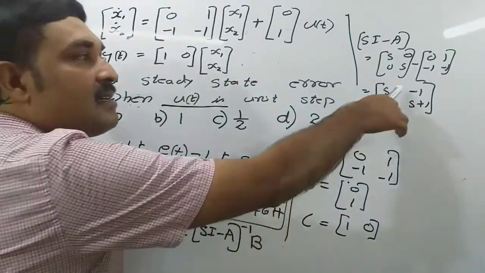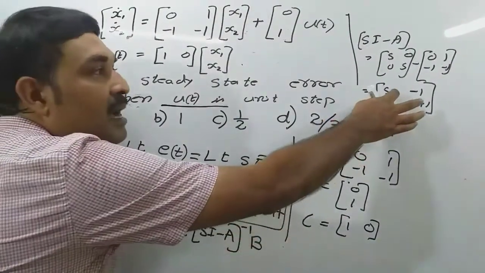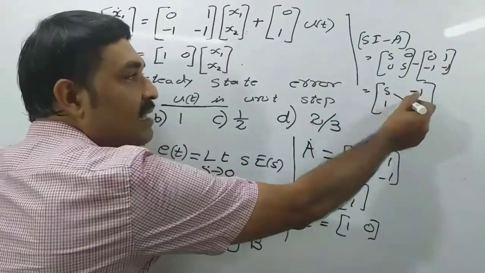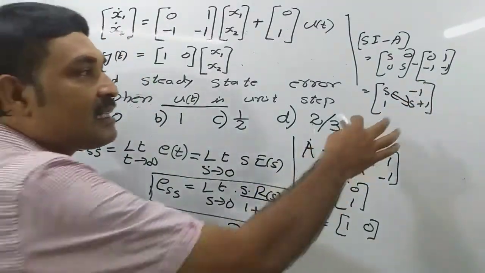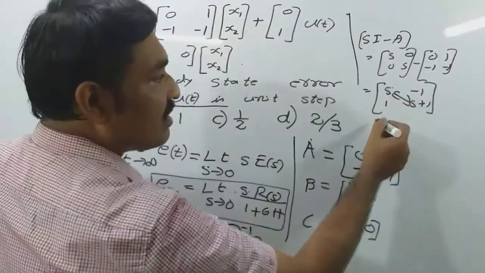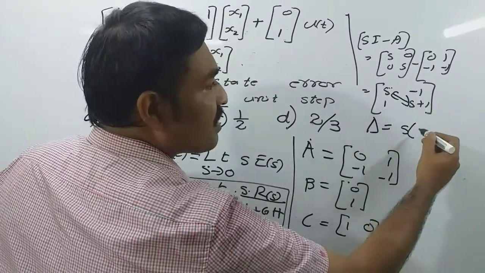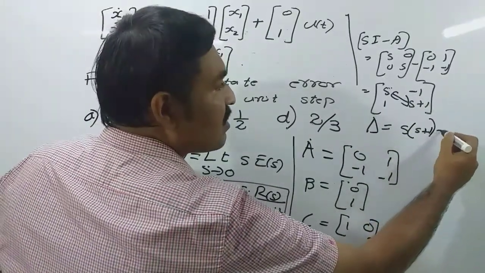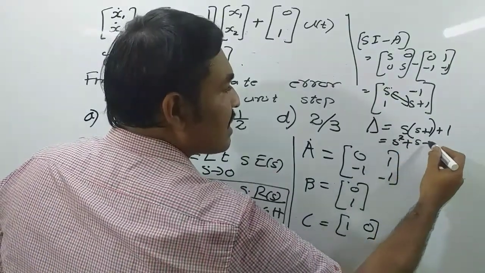Since this is a 2 by 2 matrix, the inverse can be obtained by interchanging the main diagonal elements and changing the sign of the off diagonal elements, divided by the determinant of this matrix. The determinant del here is equal to s into (s plus 1) plus 1, that is equal to s squared plus s plus 1.